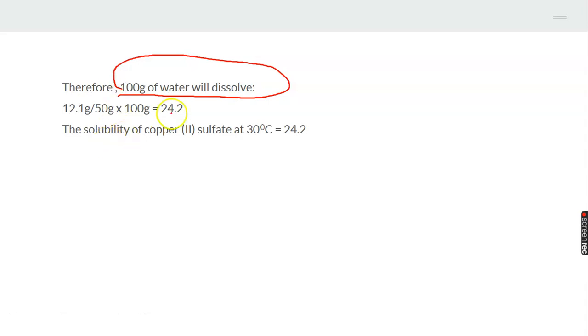So if you multiply it times 100 grams, it will give you 24.2. That's the solubility of copper 2 sulfate in water. So the solubility of copper 2 sulfate at this temperature of 30 degrees Celsius is 24.2.